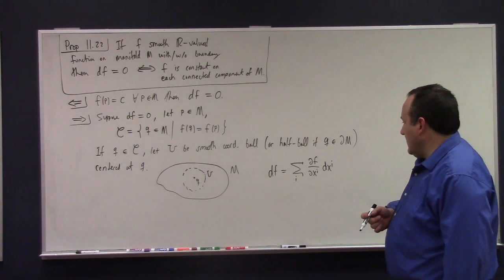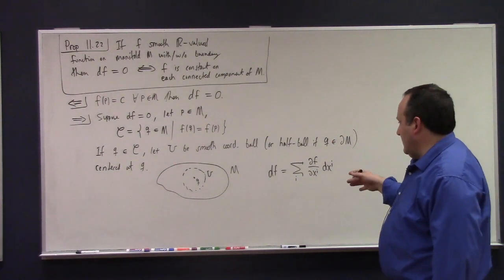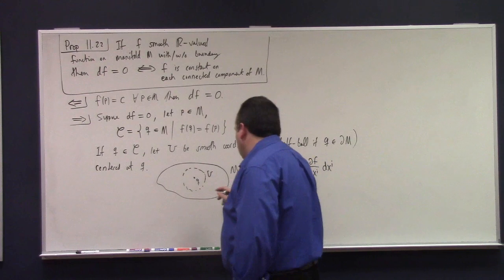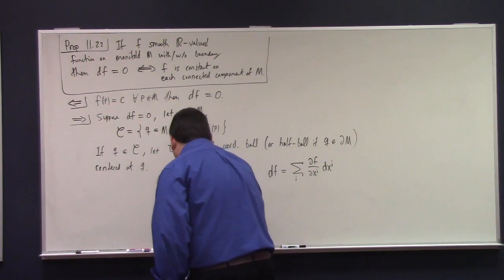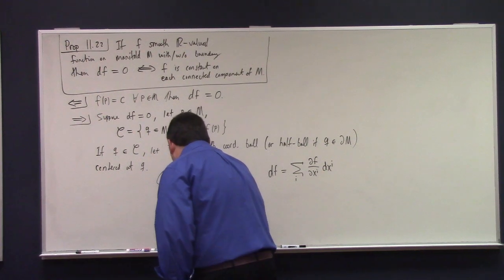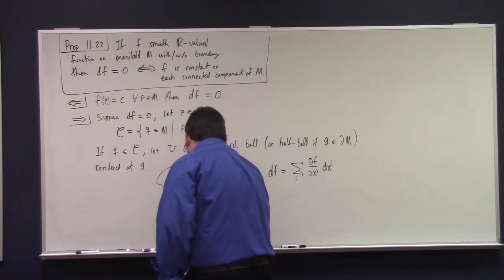Yeah, but we're assuming that. So that's the case, and to say that that's a coordinate ball means that it actually goes down here to an honest to goodness ball.